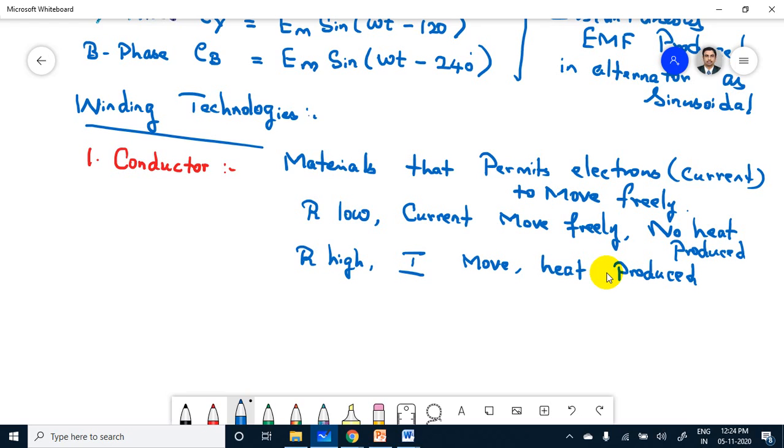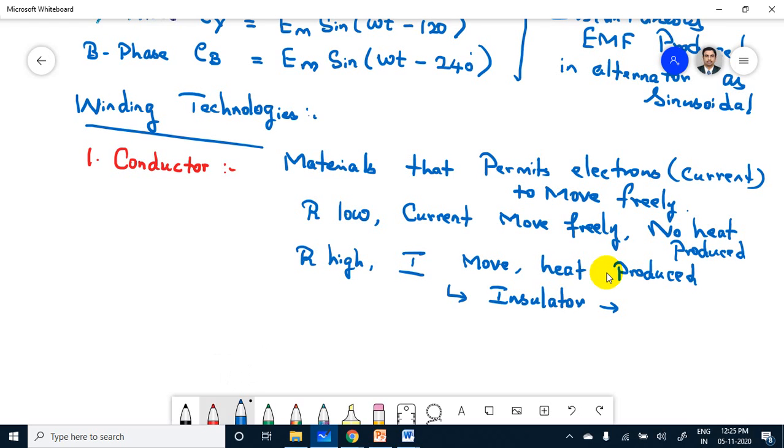To protect against this heating effect, we need insulators. Insulators are bad conductors, meaning the current cannot really move; there is a blocking effect in the insulator.